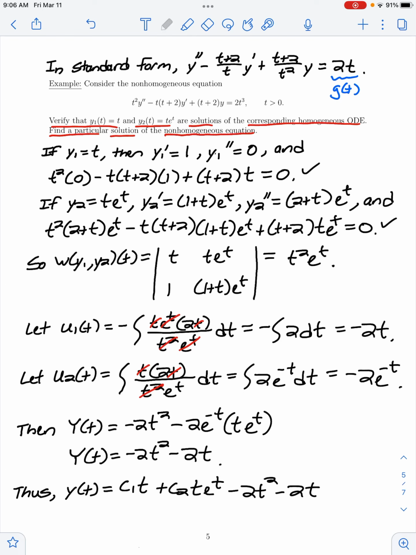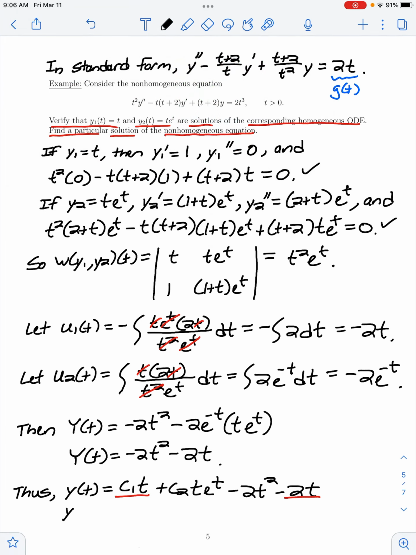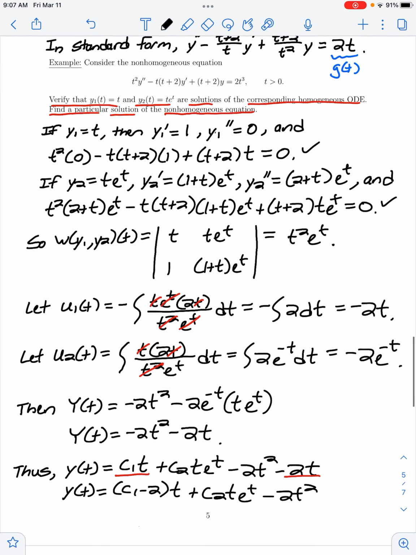And we see here that we could simplify a bit further if we combine the constant multiples of t. We get something of the form c1 minus 2 times t plus c2 t e to the t minus 2t squared.